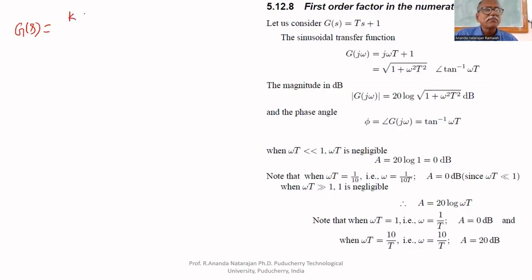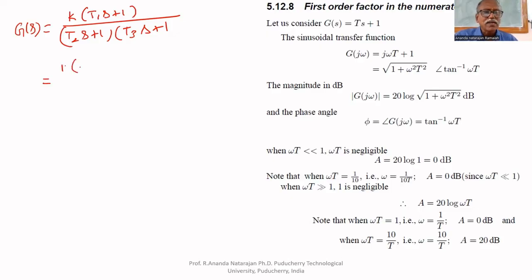Let us consider a case G of s equal to k multiplied by tau 1 s plus 1 upon tau 2 s plus 1 multiplied by tau 3 s plus 1. For this, how to draw the Bode plot, let us see. Now, let us consider k equal to 1 and tau 1 s plus 1 equal to 10s plus 1.